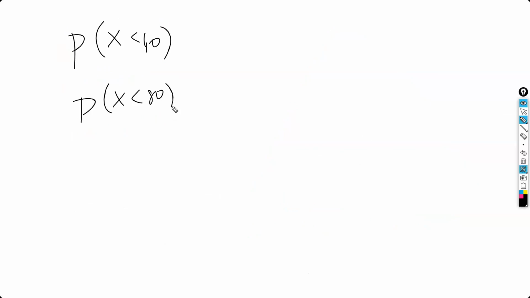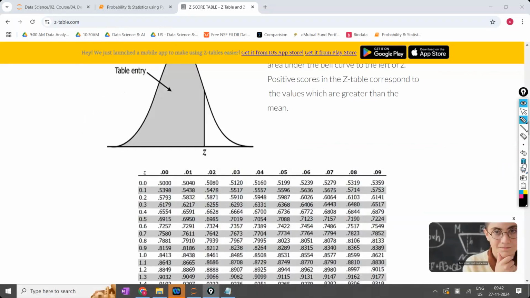Open your mobile phones. In the mobile phones, open the table called z-table. Website name is z-table.com. You have to give me the answers now.